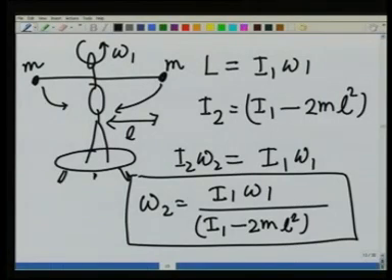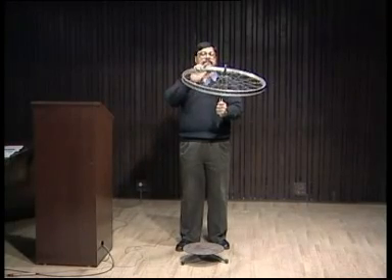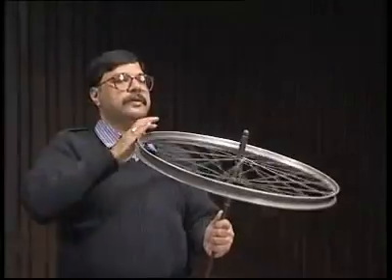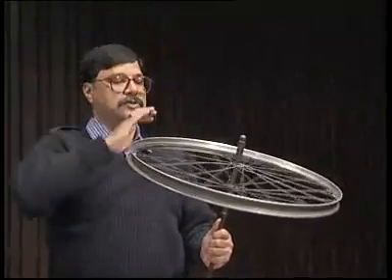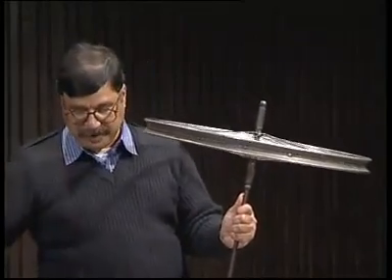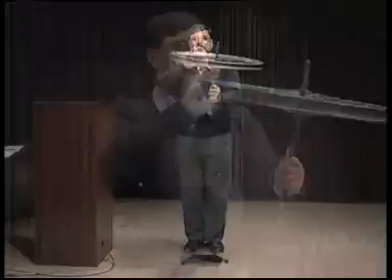Now, I take another demonstration in which I will take this bicycle wheel, which I can rotate by my hand. If I give it this rotation, it acquires an angular momentum in the positive z direction if I take this to be the z direction. Let us see what happens if I stand on this platform and give it a rotation.